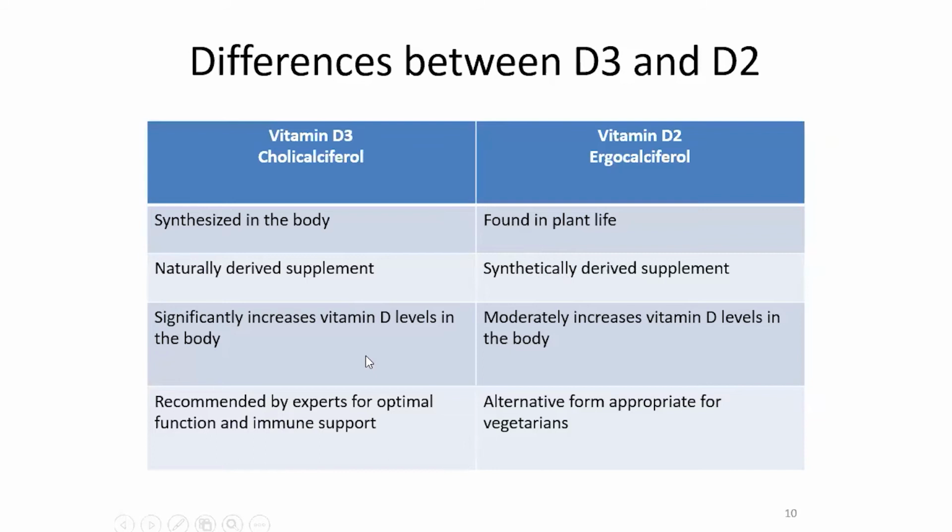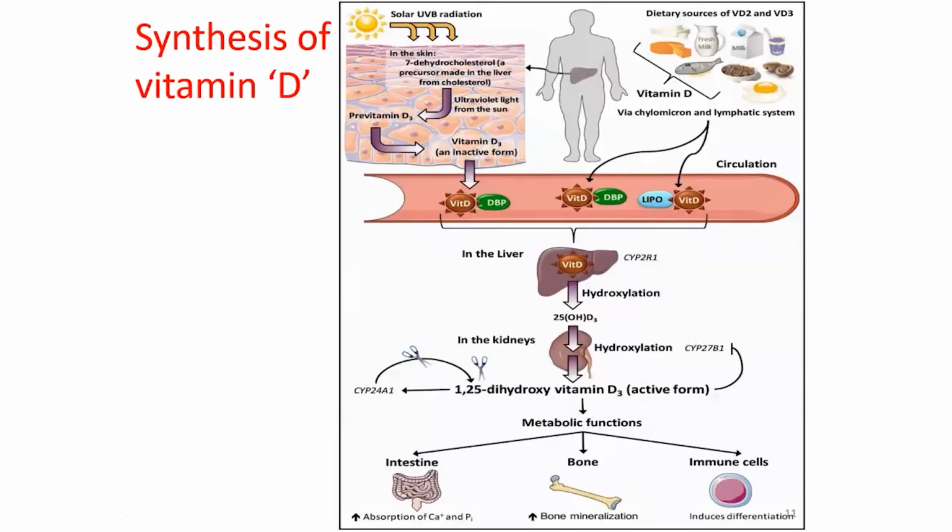D3 significantly increases vitamin D levels in the body, while D2 gives moderate increases. D3 is recommended by experts for optimal function and immune support. Vitamin D2 is an alternative form appropriate for vegetarians.